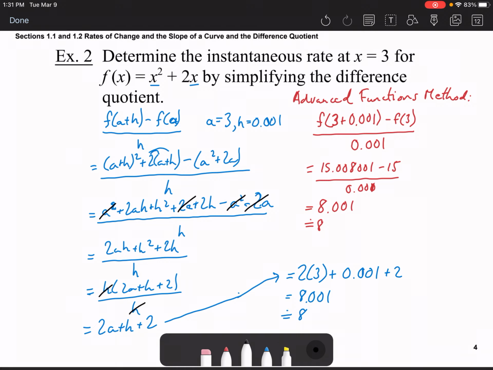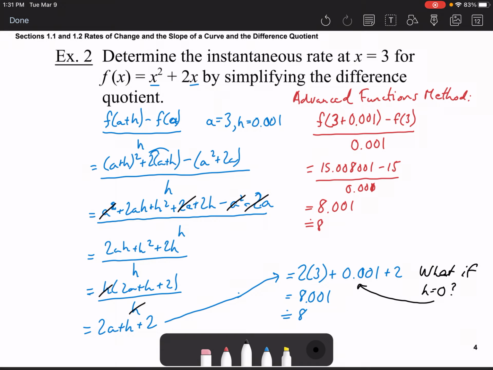The only thing is, what if h was 0 here? If h was 0, that would give us our exact value of 8.